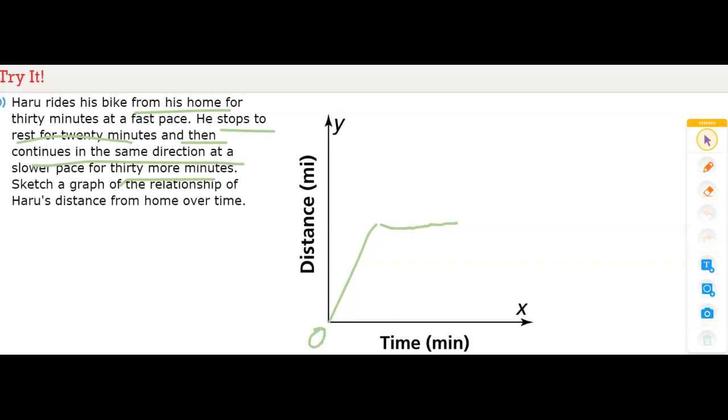So now my line isn't as sharp going up as it was the first time, because it's moving slower, but it's the same amount of time. So this is essentially what it will look like. And again, this is a sketch.